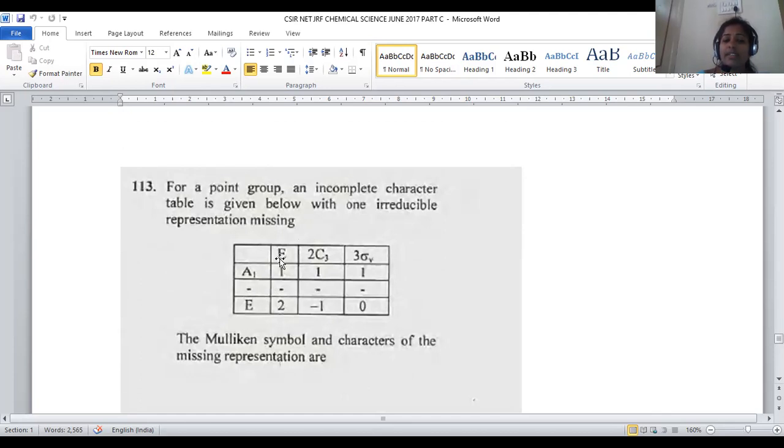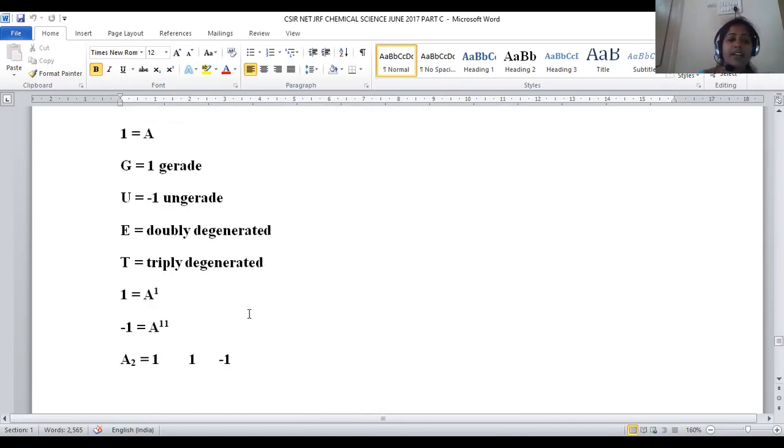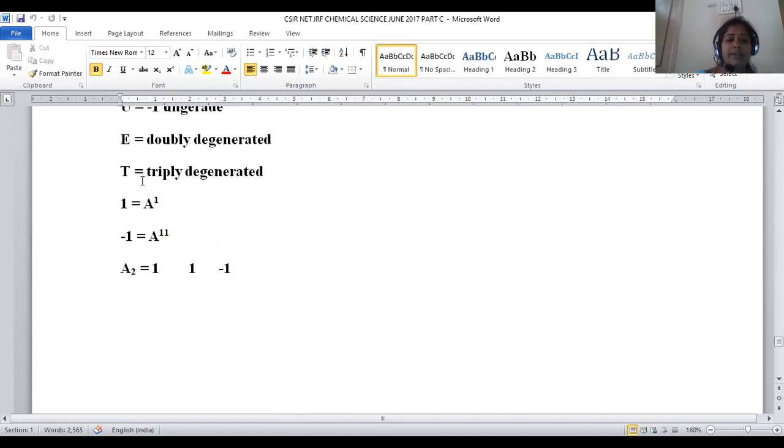These 2 E's are not identical. This E stands for the identity element, which is a symmetry operation, and this E stands for a doubly degenerate orbital. If T is mentioned, that is triply degenerate, E stands for doubly degenerate, right?